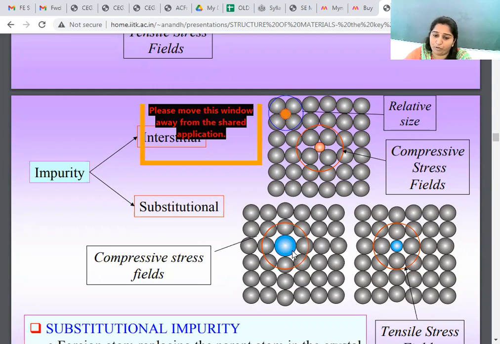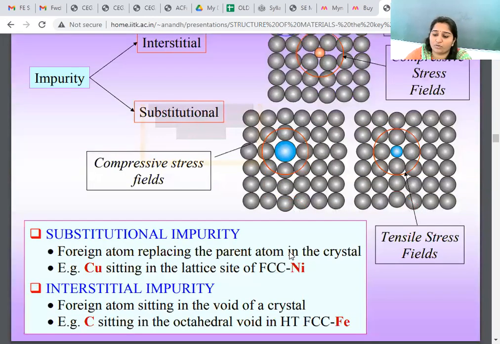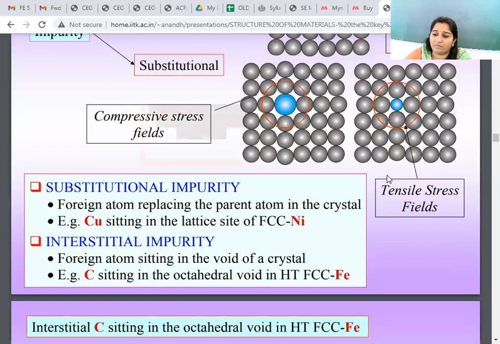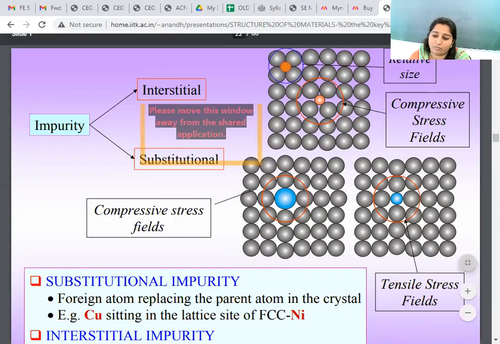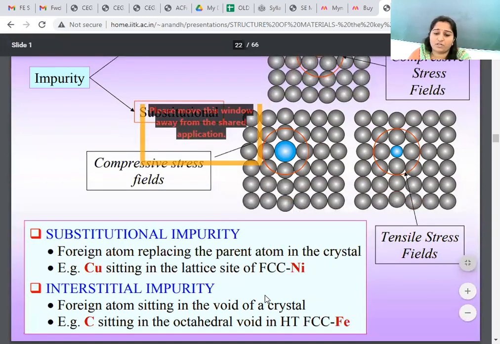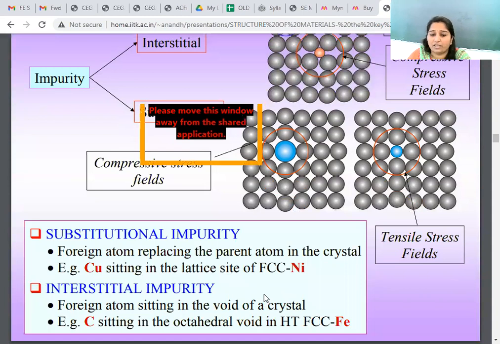That type of impurity is called substitutional, meaning it is substituted there. A compressive stress field is produced if the atom is bigger, and if the atom is very small, a tensile stress field is produced. By word definition, a substitutional impurity is a foreign atom replacing the present atom in the crystal.